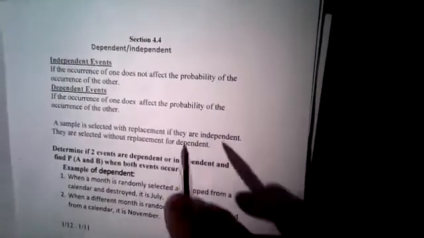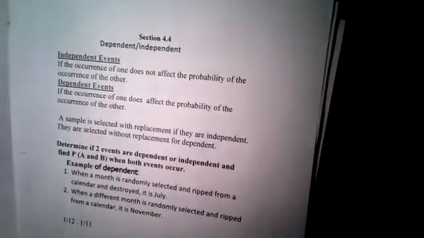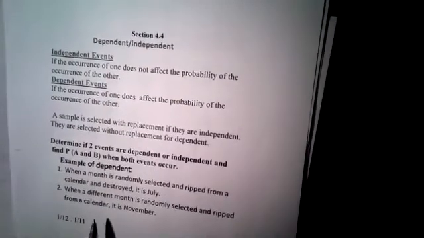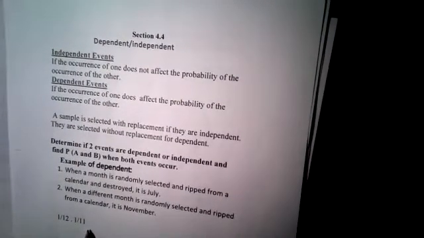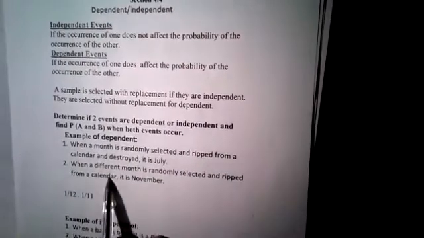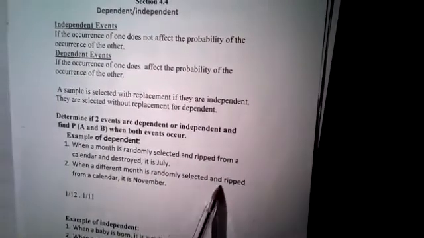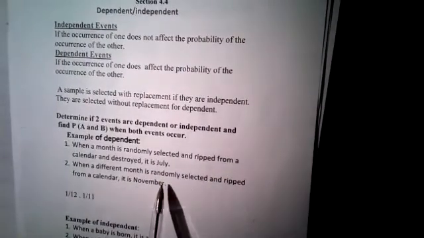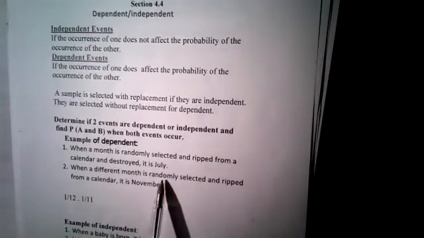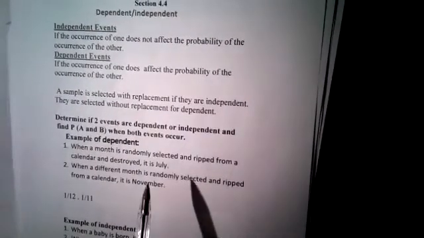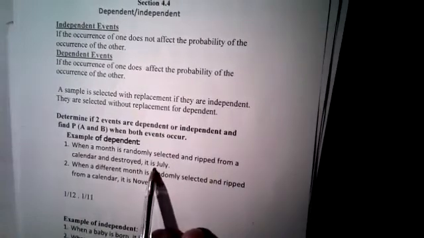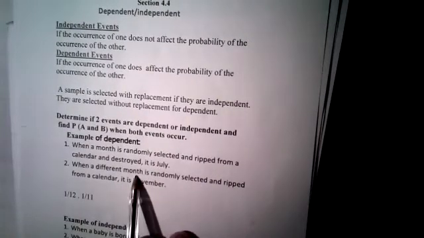And that's what we have here as far as the definition of dependent events. Like here, a different month is randomly selected and ripped from the calendar. First, you have a calendar with 12 pages, and you randomly pull one page out.